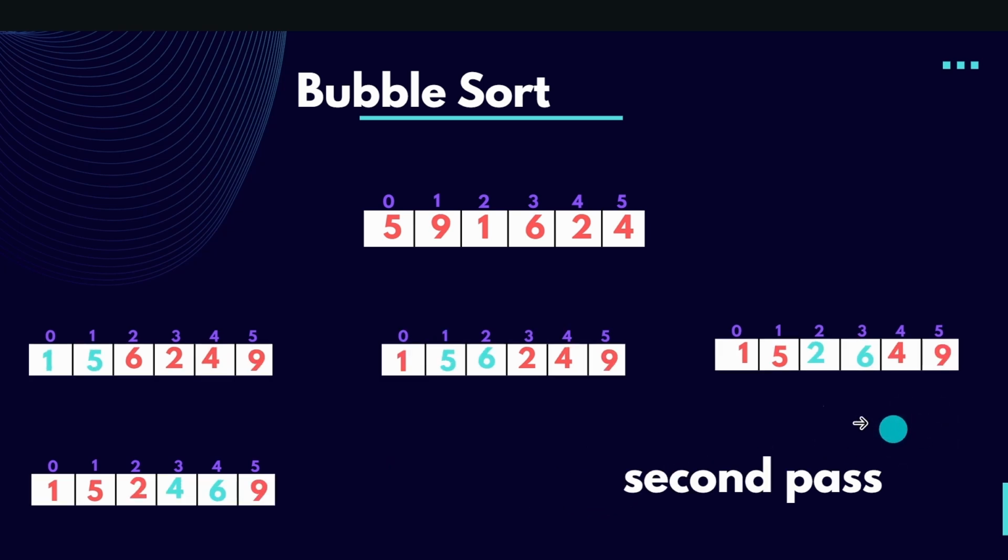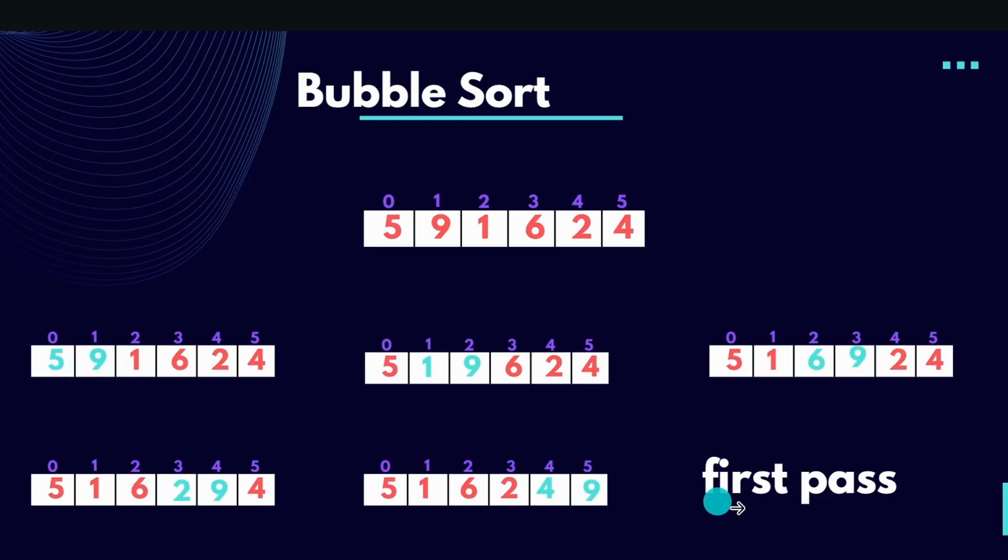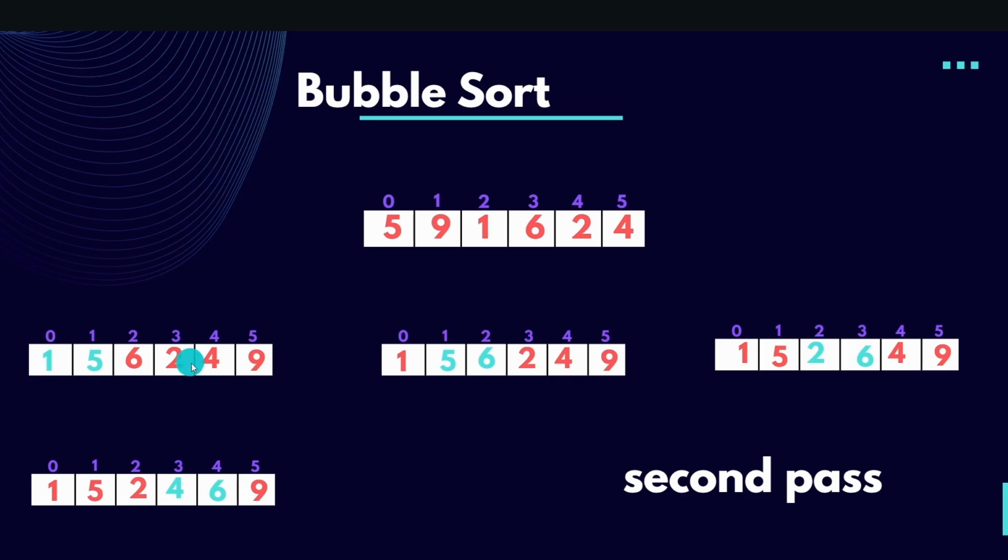If you see the second pass, as we have stopped here, the largest element is at the last of the array. After that, again we need to start comparing the first two elements. 5 and 1, we need to compare both of them and swap, because 5 is greater than 1. So that is swapped. Next, 5 and 6 will be compared, so no problem.